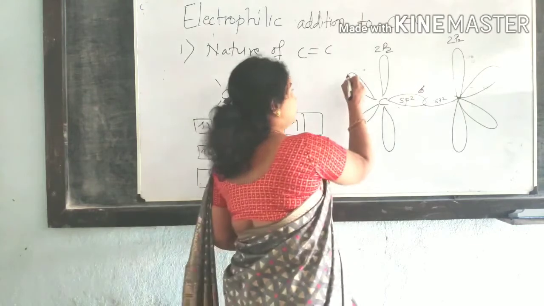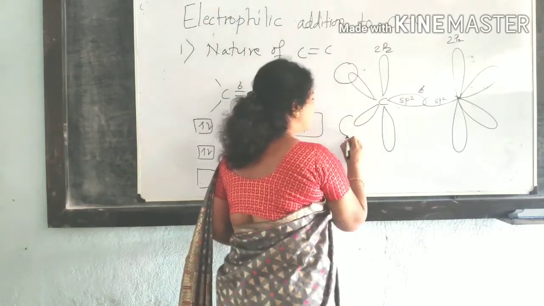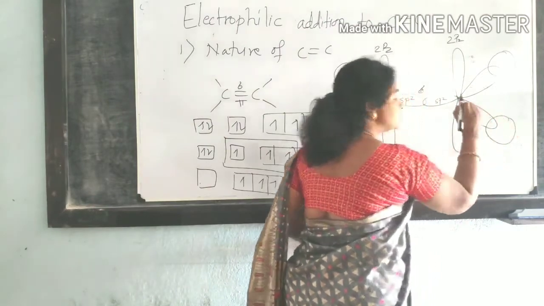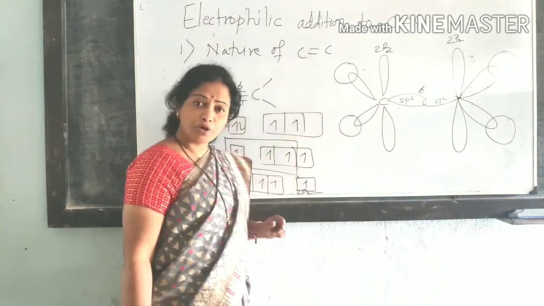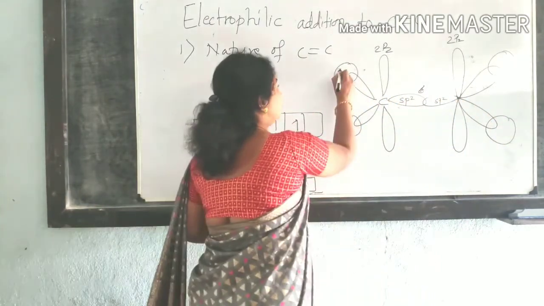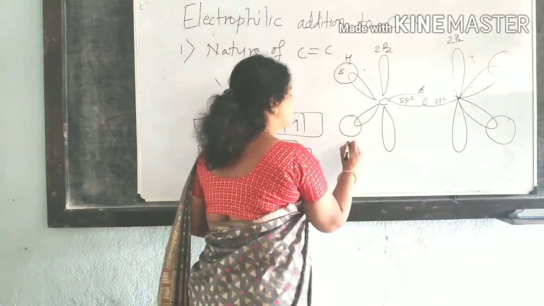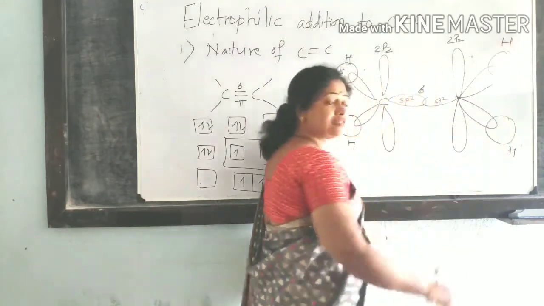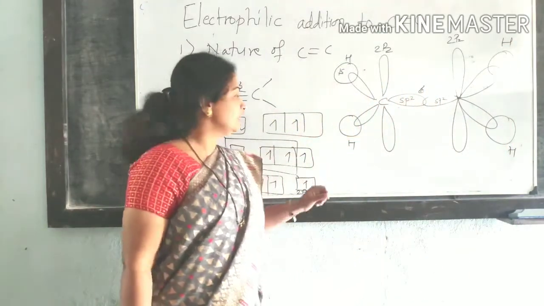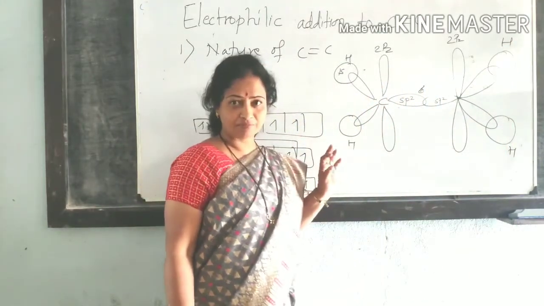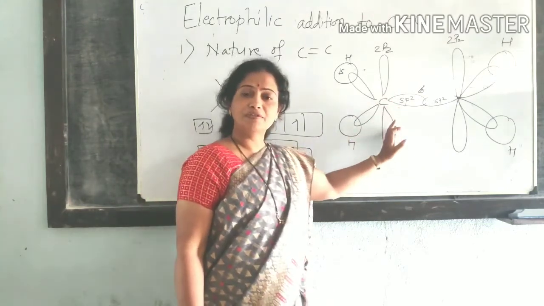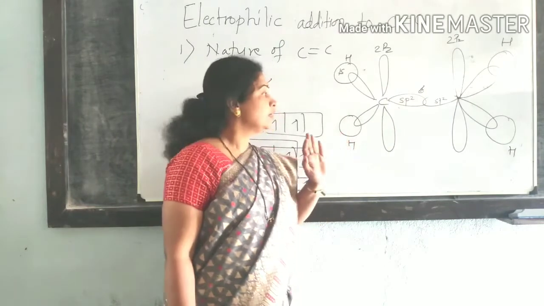The remaining two sp2 hybrid orbitals of each carbon overlap axially with the half-filled 1s orbitals of hydrogen atoms to form sp2-s sigma bonds between carbon and hydrogen atoms. Thus, this is about the formation of sigma bonds in alkenes.